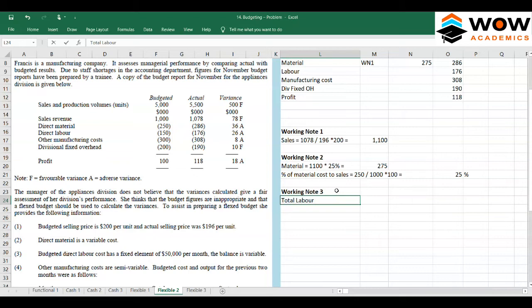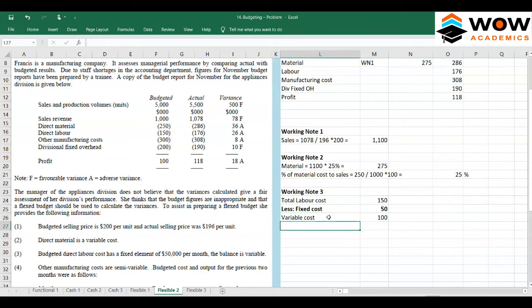Total labor cost is going to be 150. Out of 150, we have to less the fixed element. The fixed element is 50. The balance is variable, so the variable cost is 100.